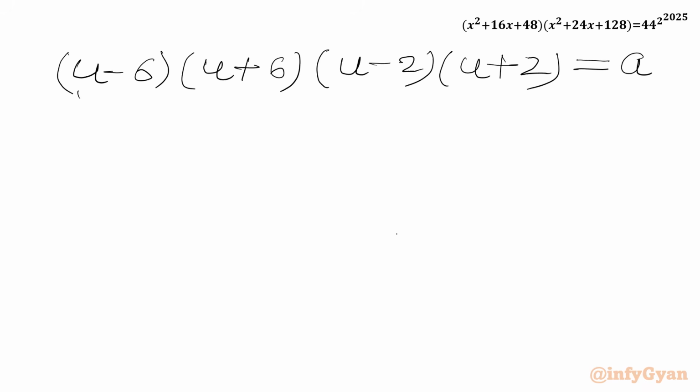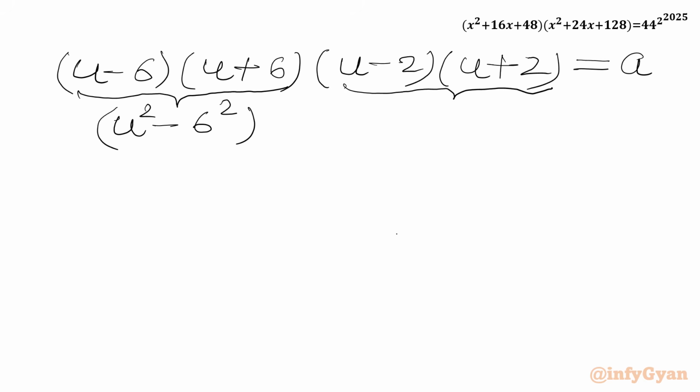Since (a minus b)(a plus b) is a square minus b square, we get (u square minus 36)(u square minus 4) equal to a. Now 6 square is 36, and 2 square is 4.